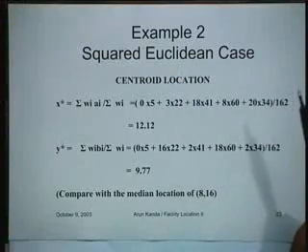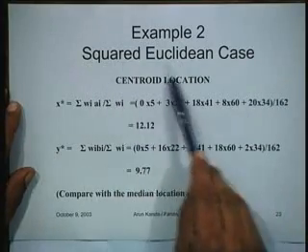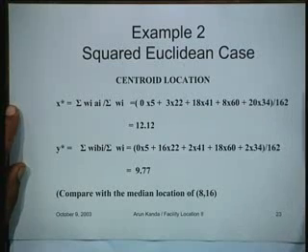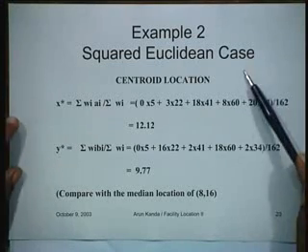Now let's look at the case where the distance measure is, let us say, squared Euclidean. We will talk about the Euclidean case later, but let's talk about the squared Euclidean case. That's the satellite location problem. It's another interesting problem.